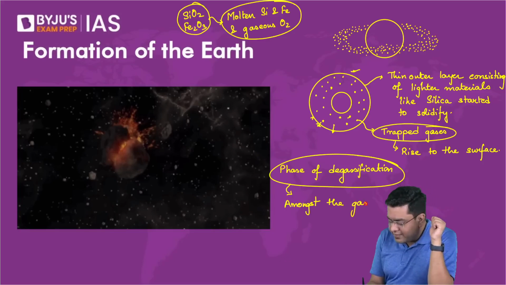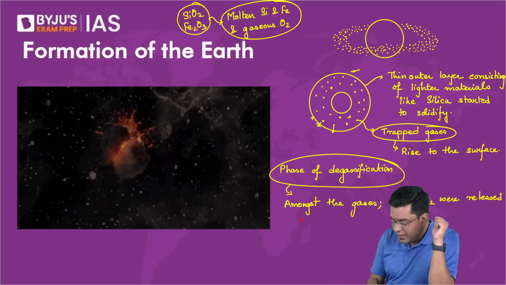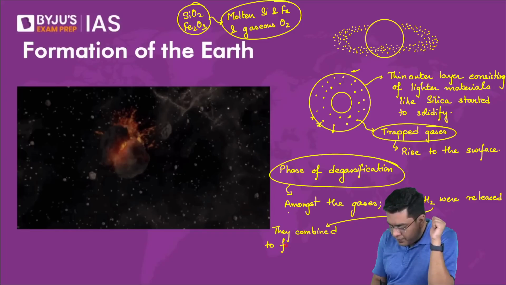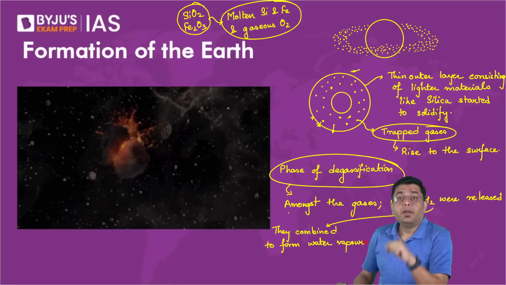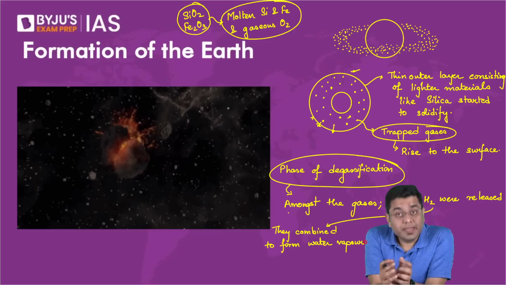So amongst the gases, oxygen and hydrogen were released. They combined to form water vapor. Now, after being released, they would rise up, and that water vapor eventually would form the clouds.